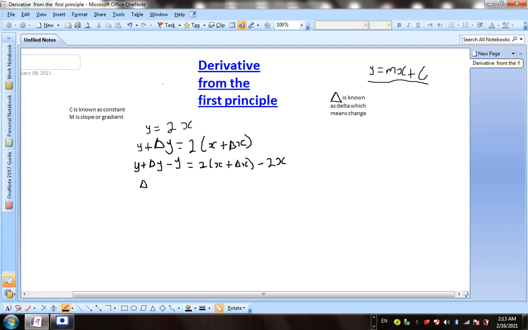So on this side we are left with dy, which is equal to, when you expand the bracket, 2 times x equal to 2x, and 2 times dx is equal to 2dx. Then minus 2x. Now dy is equal to 2dx.